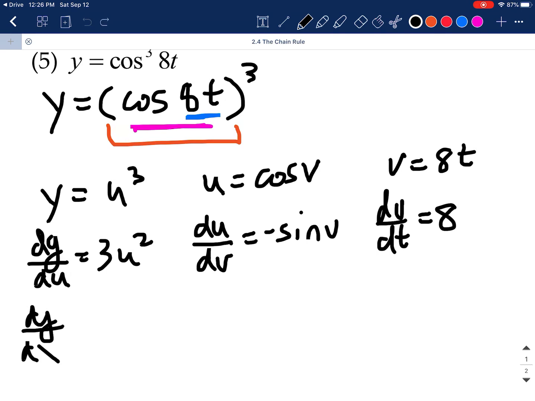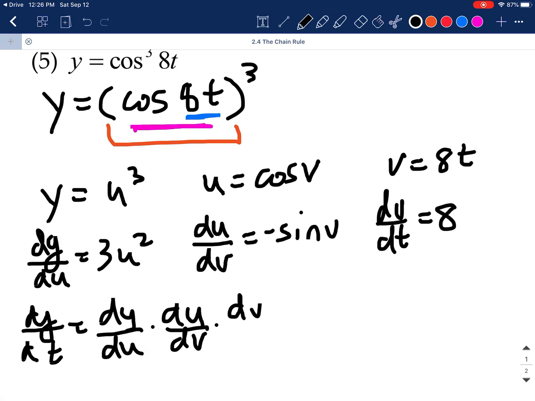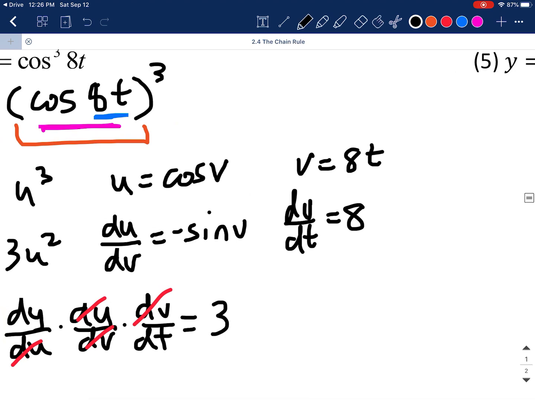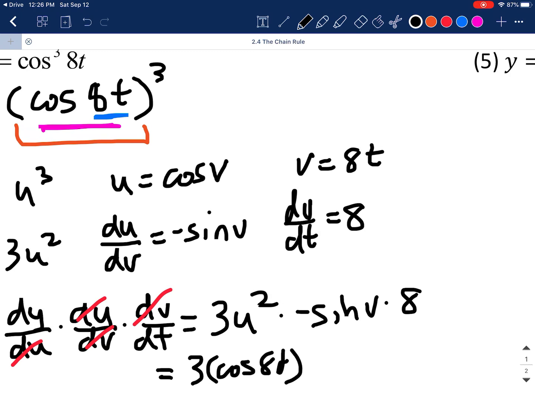So dy dt is going to be dy du times du dv times dv dt. Again, we'll get that cancellation all the way across till we get dy dt. And so we'll get 3u squared times negative sine v times 8, which when we resubstitute is going to be 3 cosine 8t squared times negative sine 8t times 8.